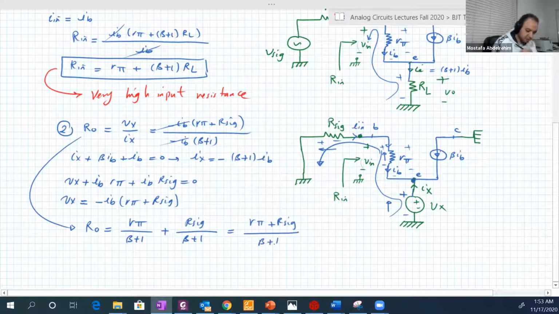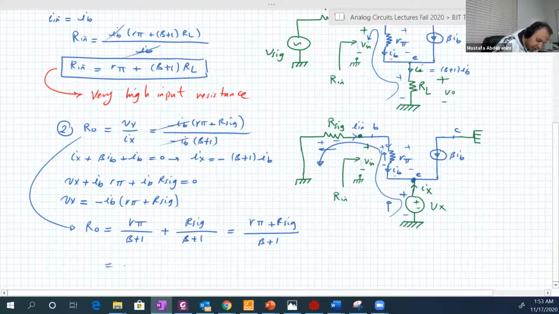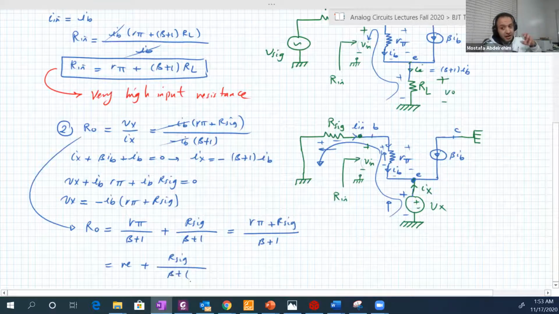Both are the same. Some people also like to substitute R pi over (beta plus 1) with RE. You remember, guys, RE, this resistance in the other AC model for the transistor, is equal to R pi over (beta plus 1). So some people also like to write it that way. Because if you see, guys, R pi is usually a few hundred ohms to a few kilo ohms.